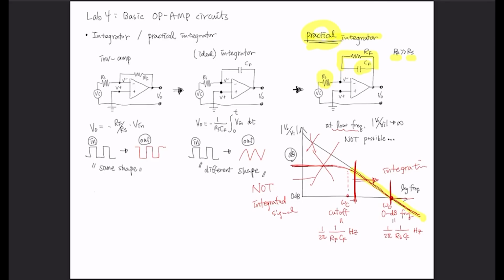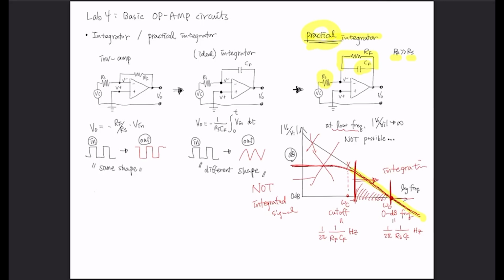Around the cutoff frequency, the curve is being bent down, so it is not ideally following the straight line, but if you move the frequency up slightly, it will follow the straight line much more closely. It depends on the application, but you would like to use the frequency range somewhere slightly above omega c and below omega 0.